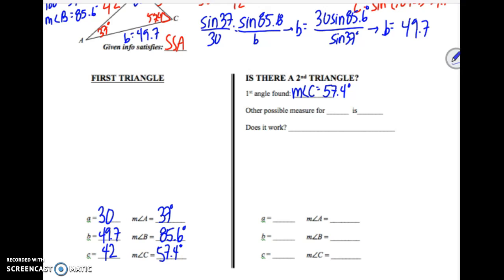And other possible measures for angle C include taking 180 degrees and subtracting off 57.4 degrees, which gives us an angle of 122.6 degrees. So now we have to ask ourselves, does this work? Would an angle of 122.6 degrees make sense?